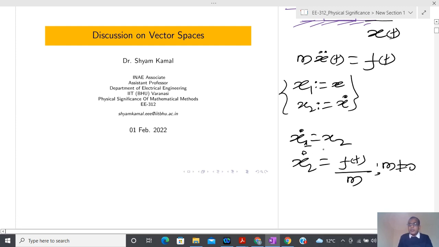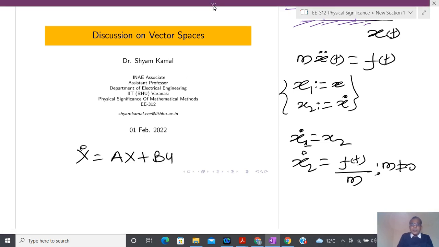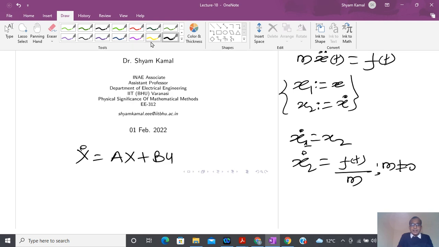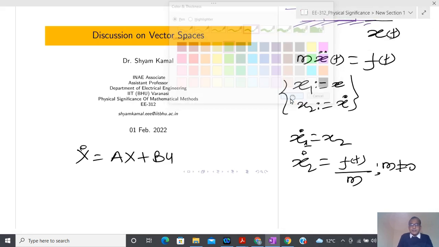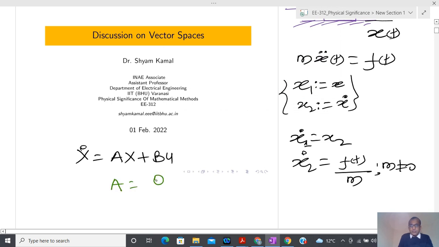I am assuming that m is not equal to 0, so I have some kind of mass, and after that I can also rewrite this equation like this: x dot equal to Ax plus Bu, where I am assuming that this matrix A is nothing but [0 1; 0 0].